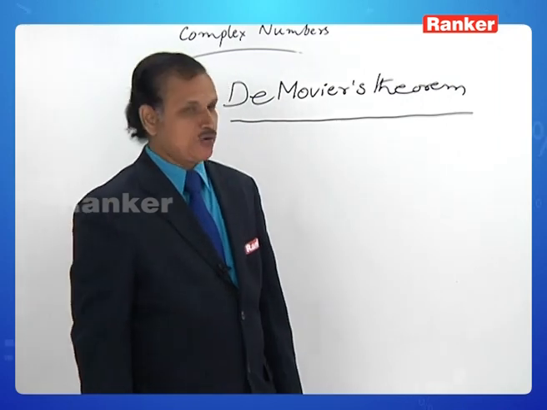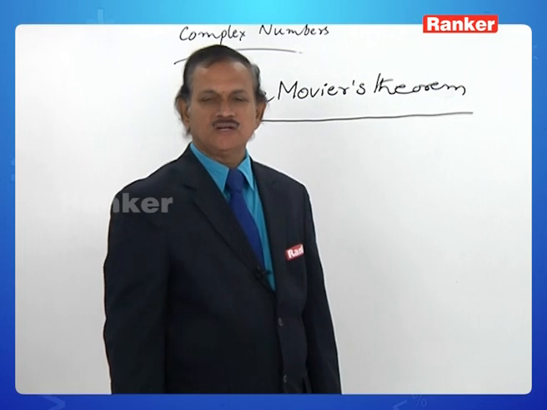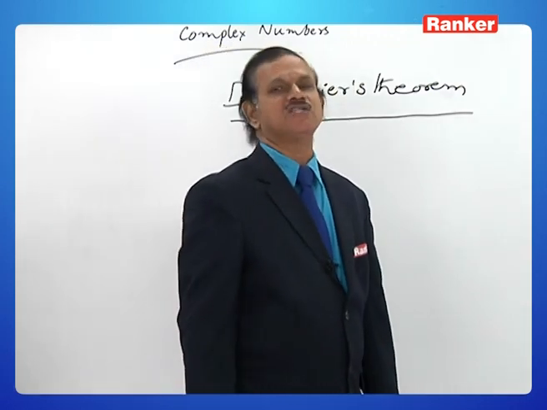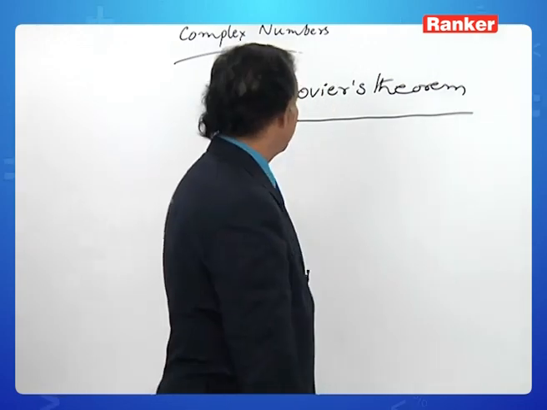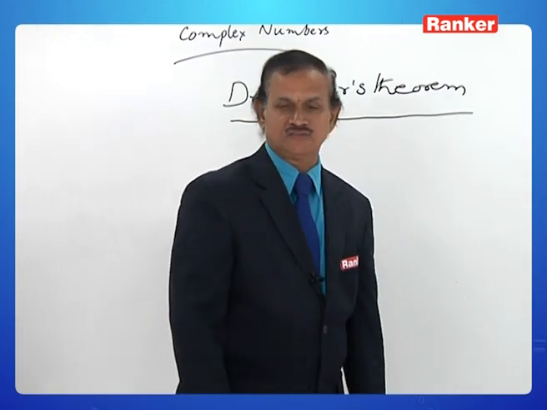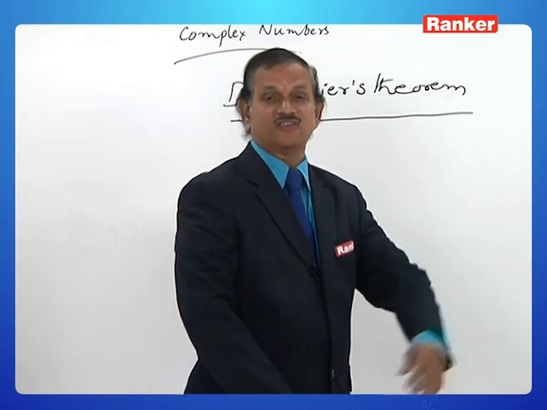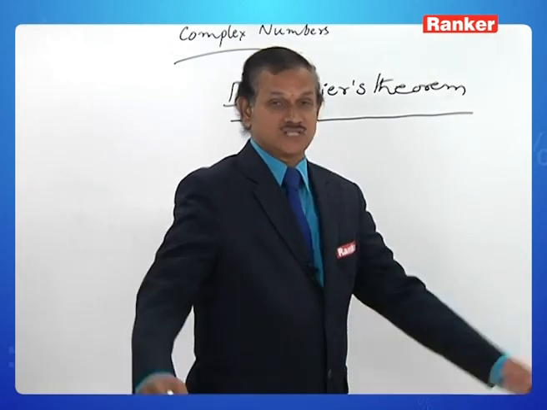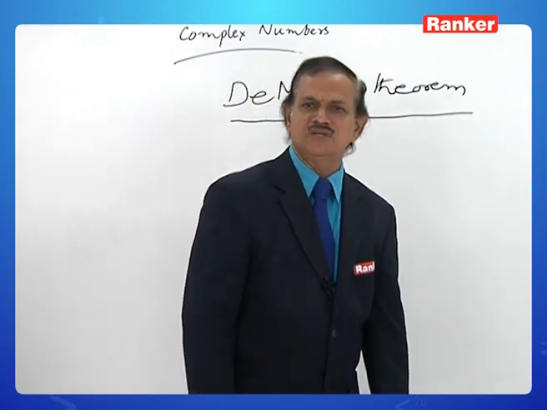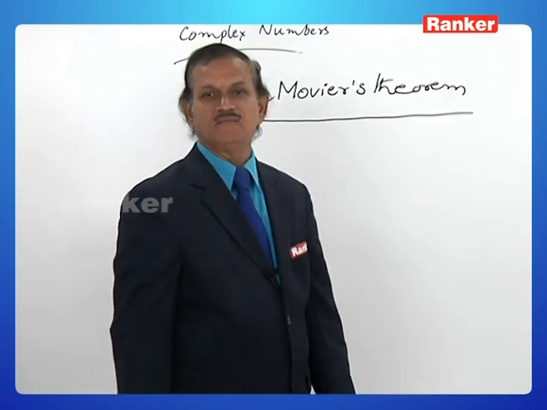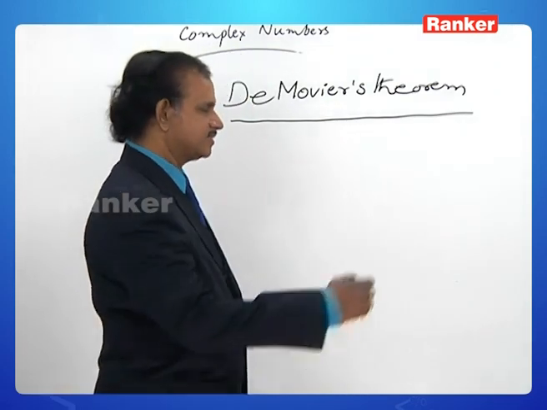One of the most important, the most useful concepts which helped us a lot in various calculations in complex numbers is De Moivre's theorem. Yes, a remarkable change and a remarkable utility is being observed in the set of complex numbers, of course, simply by means of De Moivre's theorem. What is that? Let us now learn.